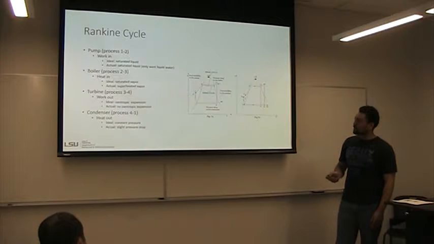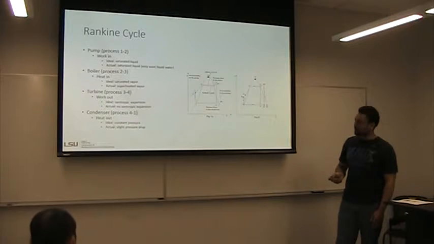Ideally, you want a saturated vapor coming out of the boiler, but actually, superheated vapor is better. You can get more expansion through the turbine with that. The turbine is what provides us our work out of the system. It receives the superheated steam from the boiler, and ideally it expands isentropically, but actually there's no isentropic expansion.